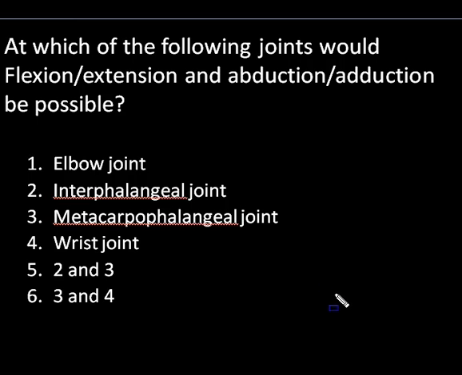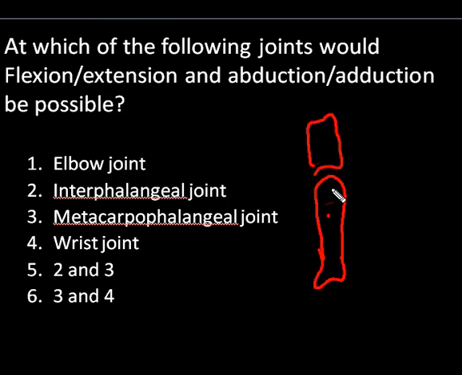Let's look at the metacarpophalangeal joint. The metacarpophalangeal joint is the area where the metacarpal comes in contact with the proximal phalanx. So here we have the metacarpal. I'm just drawing the bone, and then here is the proximal phalanx.